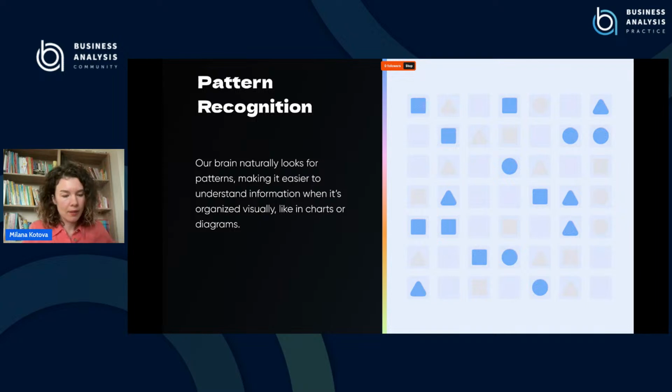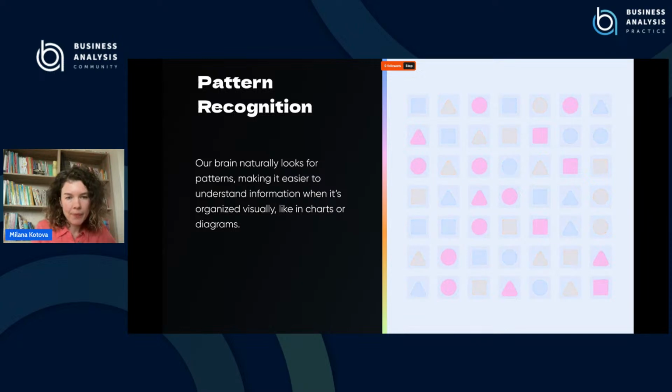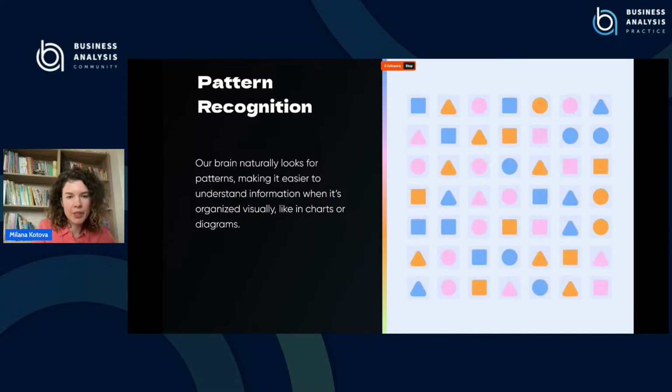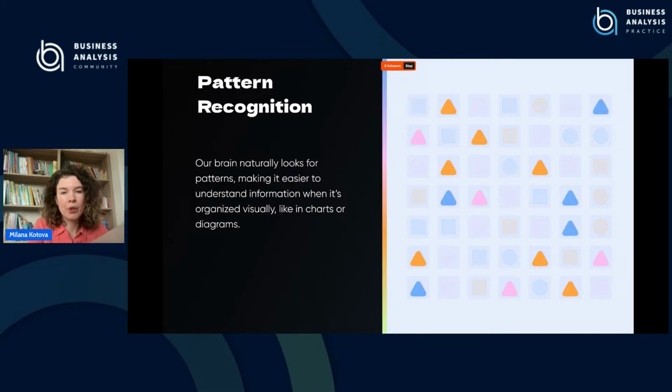Our brain strives to save energy, and that's why using a technique called pattern recognition helps our brain look for something that is easier to understand, something that is familiar.